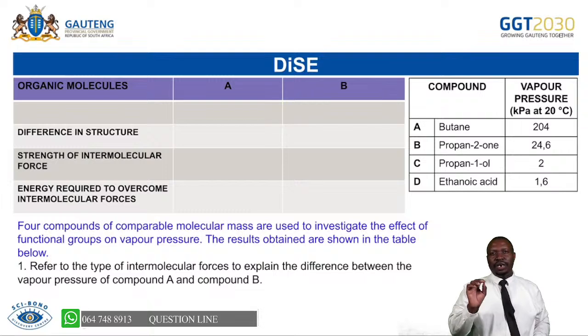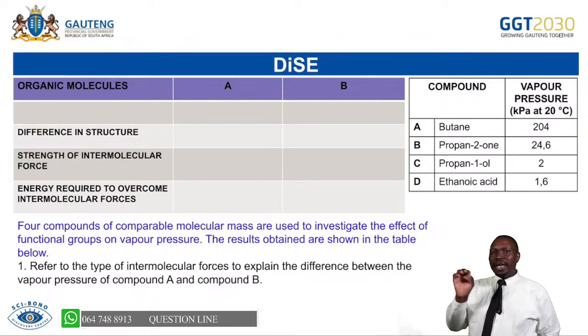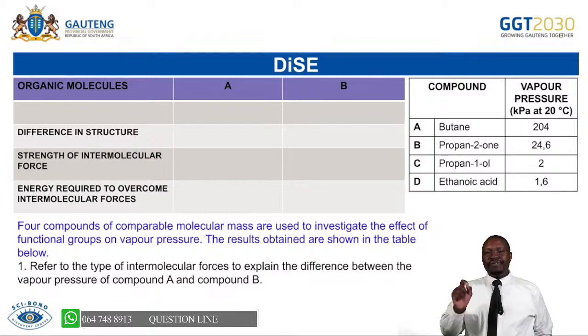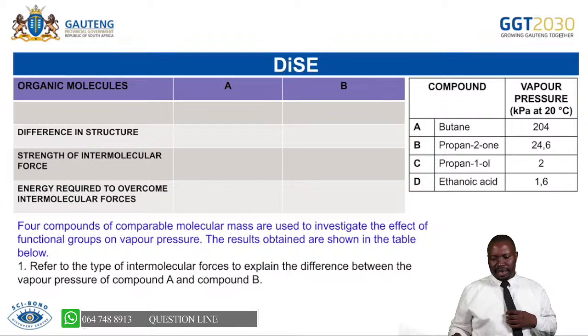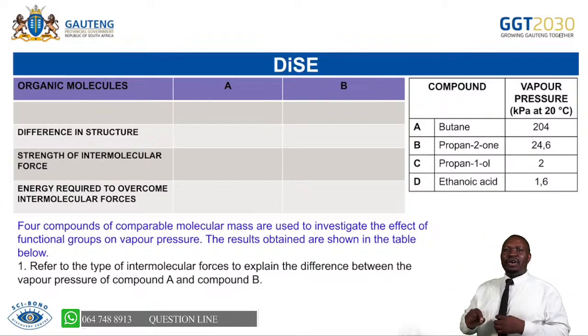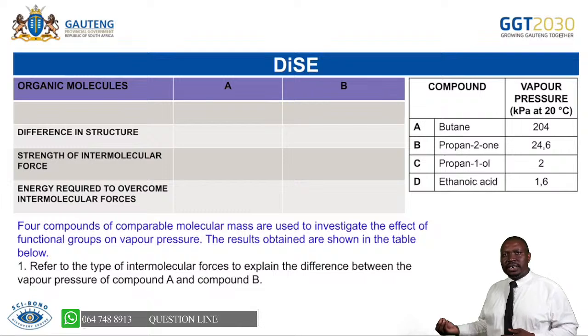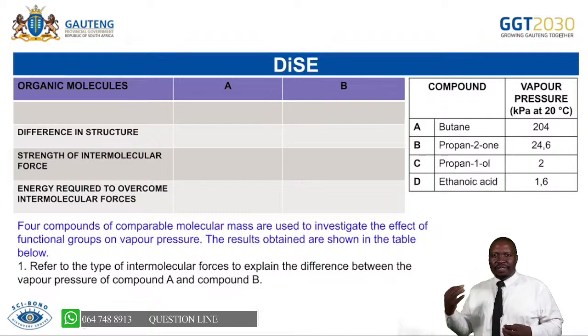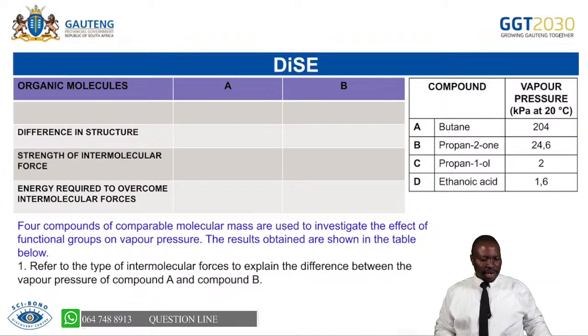So you can see already, in terms of strength, the weakest intermolecular force is found in butane. Hence, it has the highest vapor pressure. And the strongest intermolecular forces are found in ethanoic acid, as it has the lowest vapor pressure, because we said if you have the lowest vapor pressure, it means you have the highest boiling point. I hope we're together on that one.